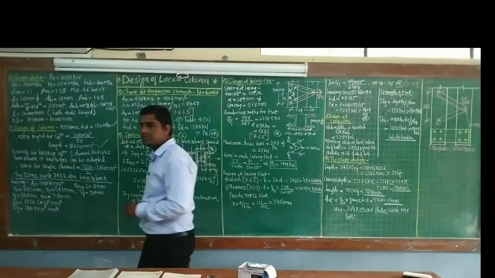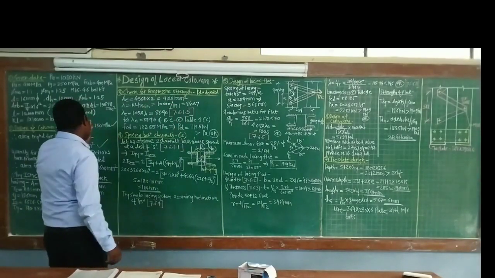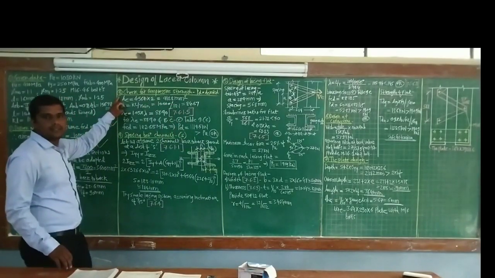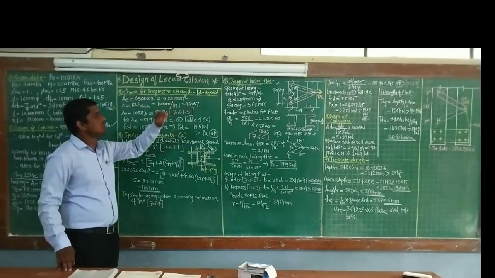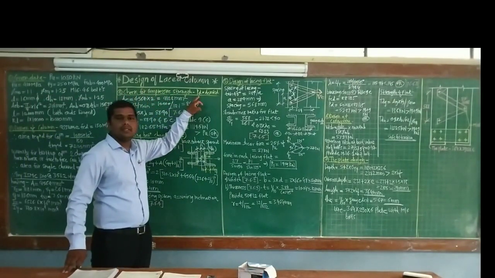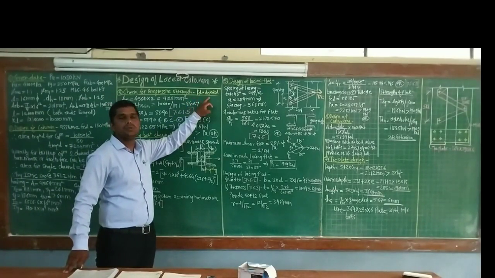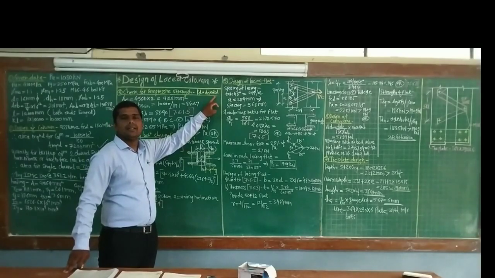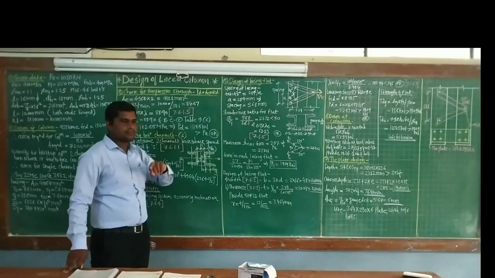Then coming to the next step, third design step: check for compressive strength. We know from the previous lecture that the compressive strength P is equal to the effective cross-sectional area A times the design compressive stress fc.